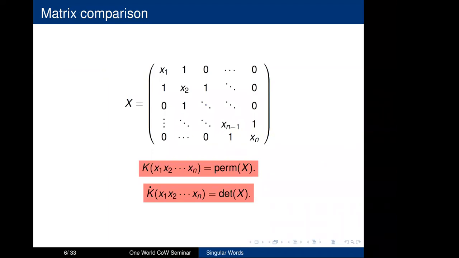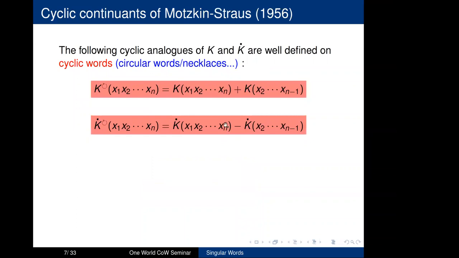And last but not least are the cyclic analogs of the 2 continuants I just mentioned. I will be denoting those with this little circle here. These are actually defined on circular words or cyclic words. They were first introduced by Motzkin and Straus in the mid-50s. Here are their definitions. You can just check that if you replace x1 through xn by any cyclic conjugate of x1 through xn, the right-hand side is constant.